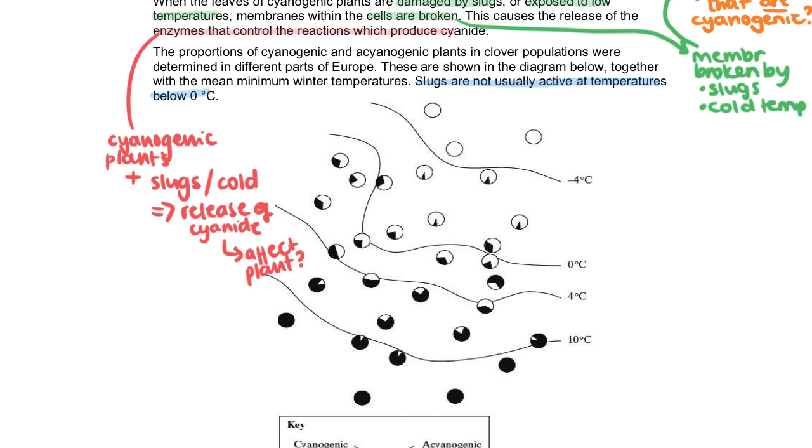So I'm going to annotate my diagram with this line here for 0 degrees. I need to visualise the fact that anything above this blue line has no slugs, and anything towards the bottom where temperatures are warmer, so 4 and then 10 degrees, I am going to have slugs.